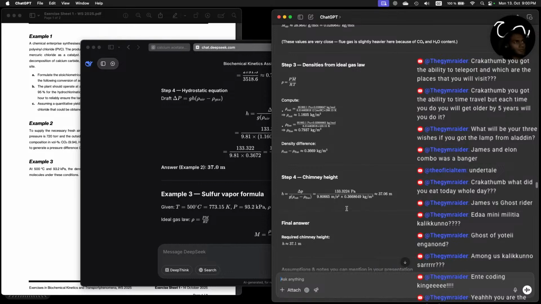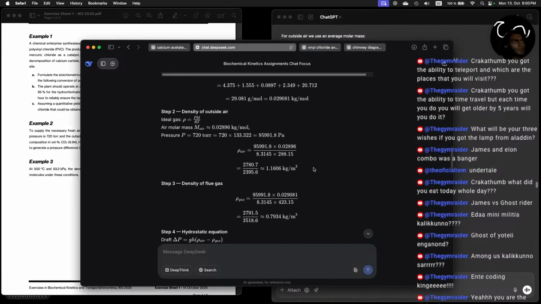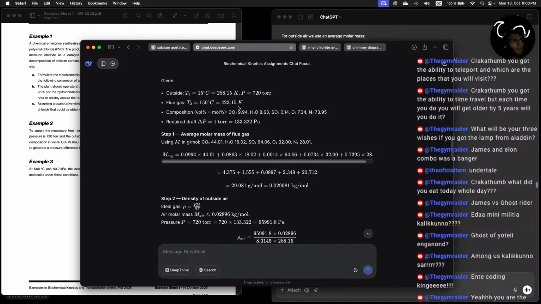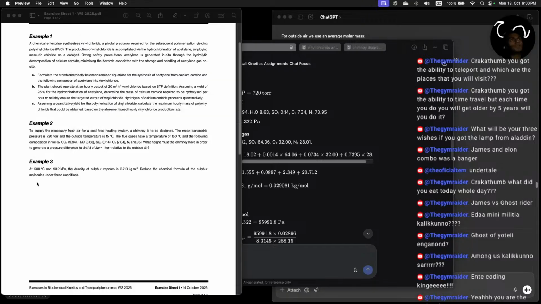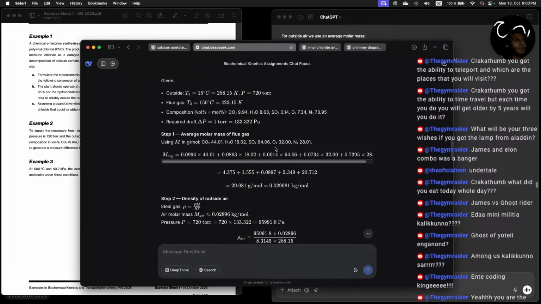Oh, yeah. So, what did you do, DeepSeek? The required pressure difference is 1 Torr. The pressure difference. Oh, okay, okay.